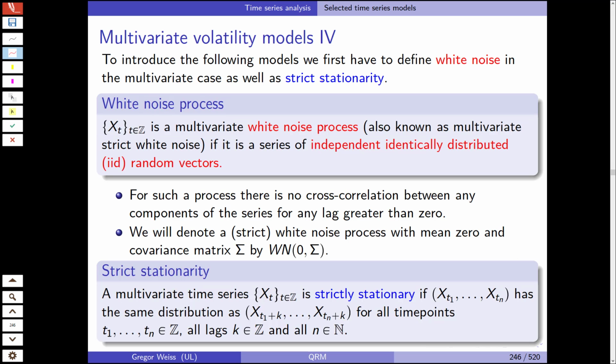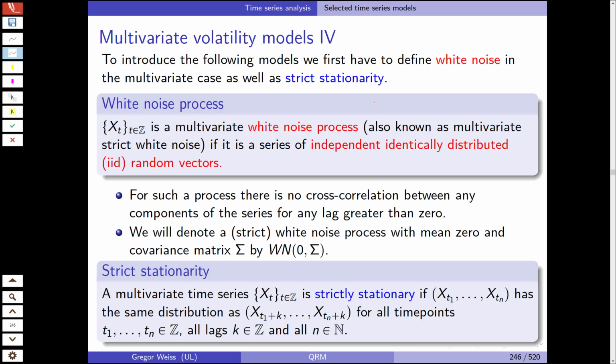Now, to introduce the following models, especially the multivariate versions of a GARCH model, we first have to define white noise. We've already seen this in the univariate case, but in the multivariate case we need white noise, strict white noise, and strictly stationary.